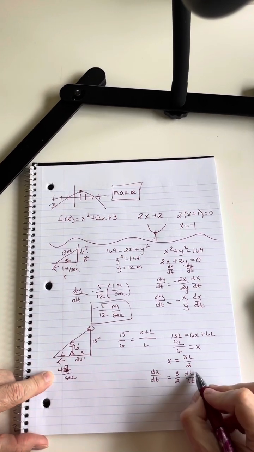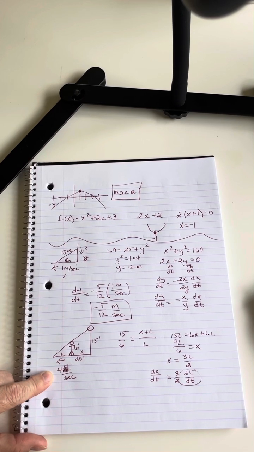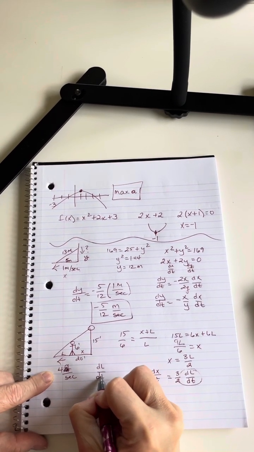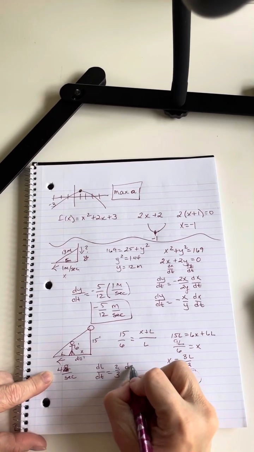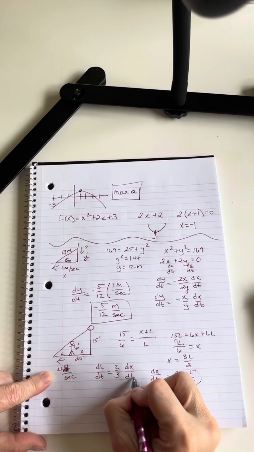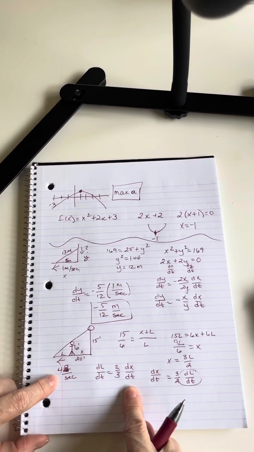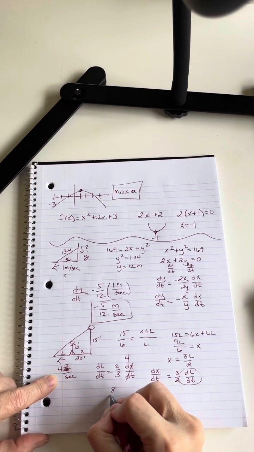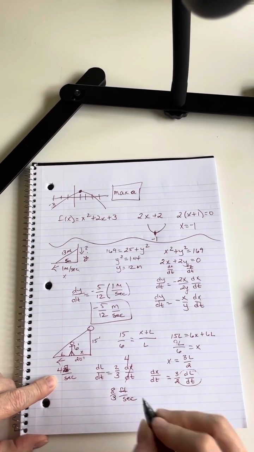This needs to be isolated. So that means the 3/2 is dividing, so flipping. So dl over dt equals 2/3 times dx over dt. And we know that dx over dt is the 4, so I can plug the 4 feet per second in here, creating 8/3 feet per second.